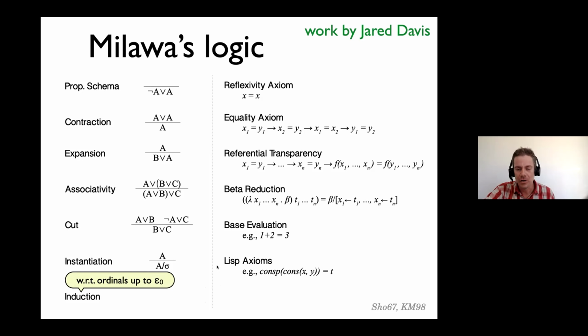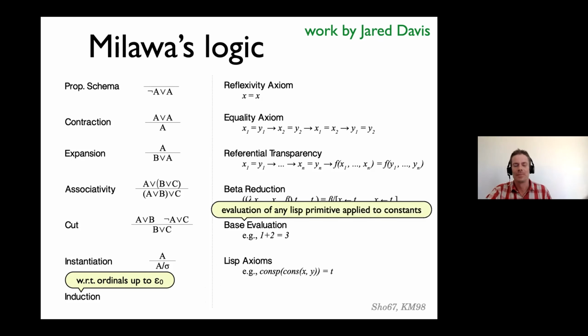Another curious thing was that you have base evaluation as a primitive inference, because we have Lisp here. You have natural numbers directly in the logic. They're part of the terms. They're directly there, and you have base evaluation you can use as an axiom.